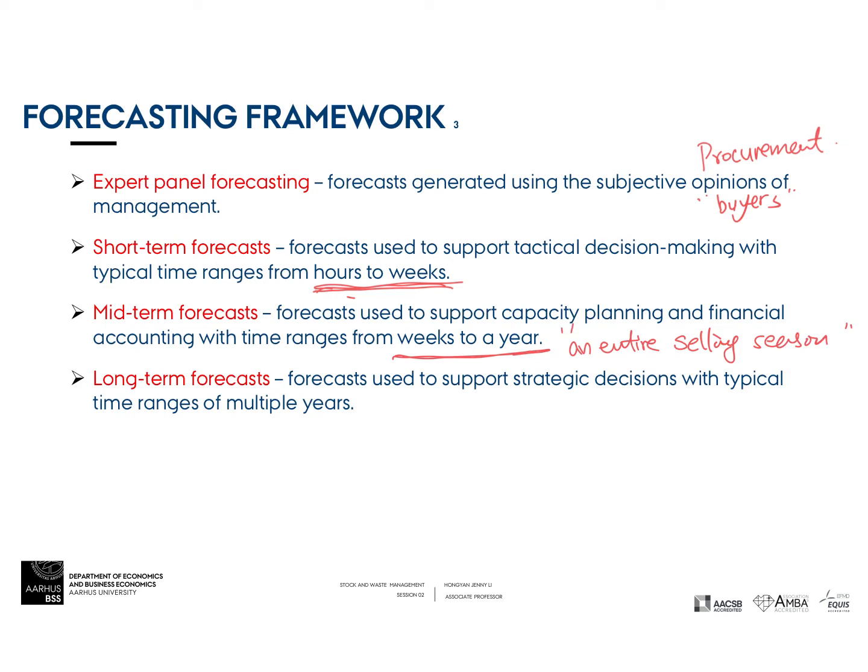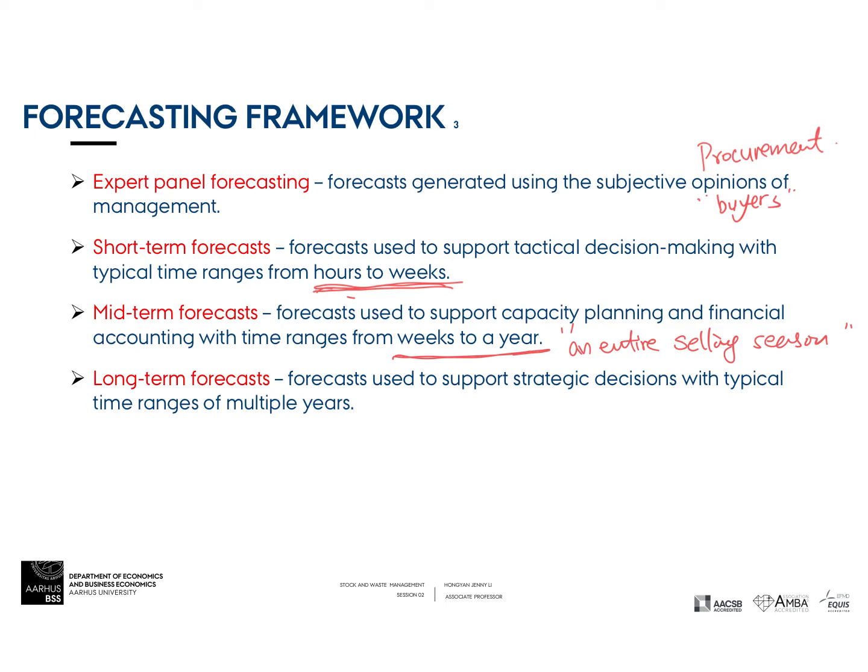So for example, if you sell furniture, then you're probably interested in how many units you can sell in the next entire year, and then you can arrange how many raw materials you should procure and how many workers you should hire, and so on. So it's a typical capacity planning level forecast.